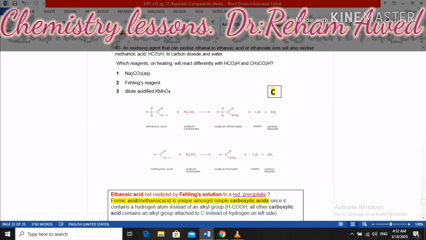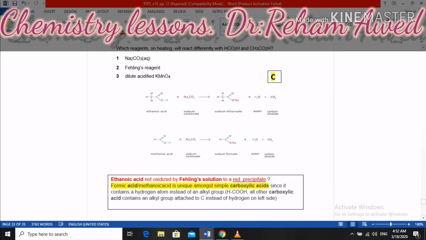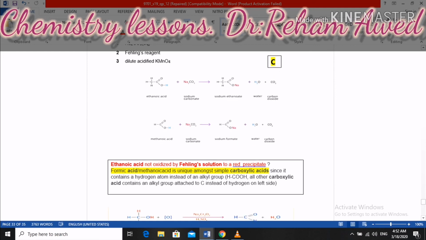Methanoic acid plus sodium carbonate will form sodium methanoate plus water plus carbon dioxide. Ethanoic acid is not oxidized by Fehling's solution to form a red precipitate. Methanoic acid has properties of aldehydes, so it can react with Fehling's reagent to form a red precipitate.